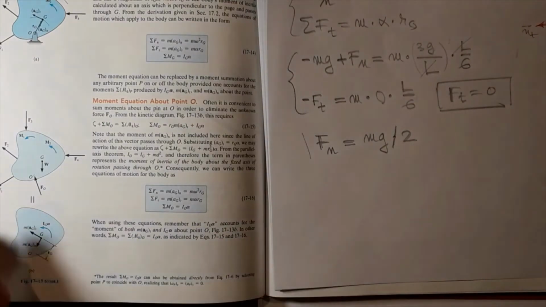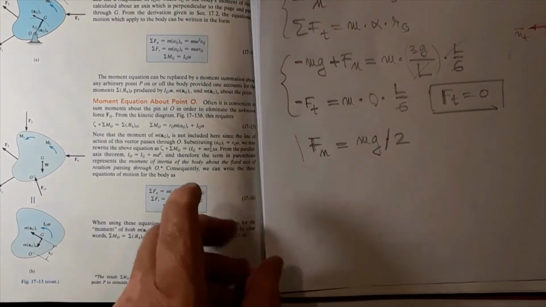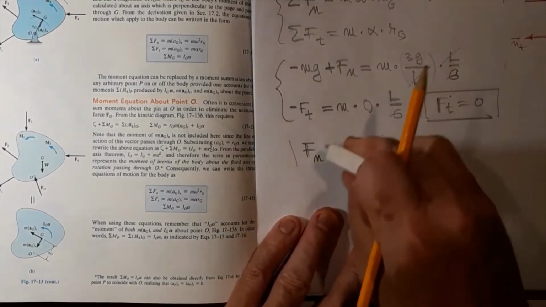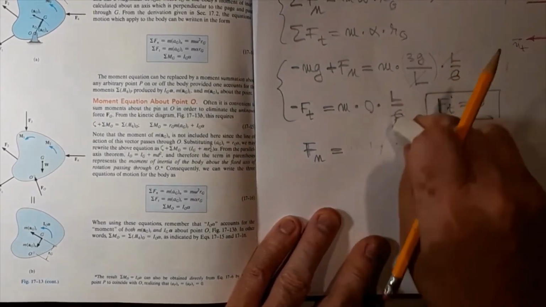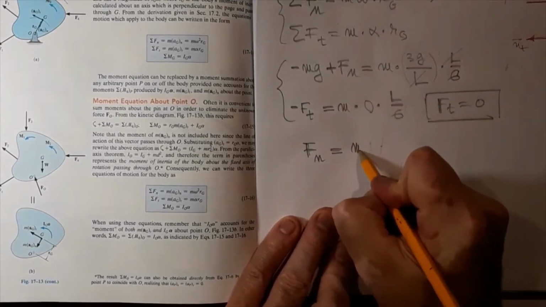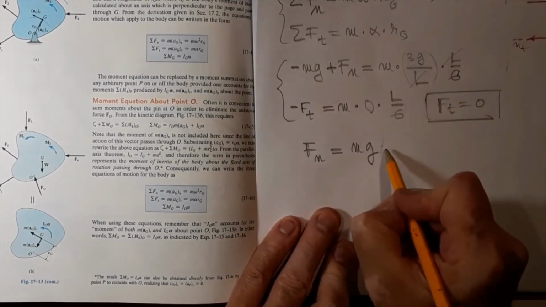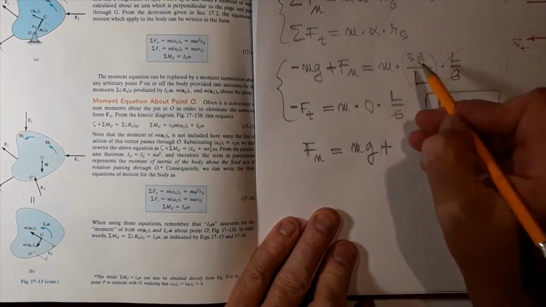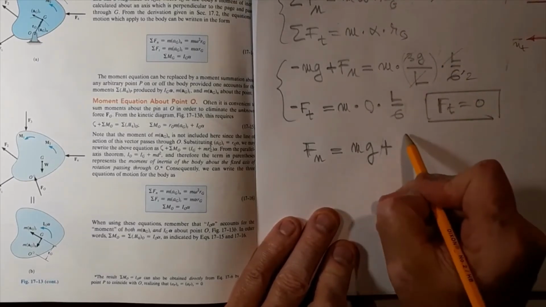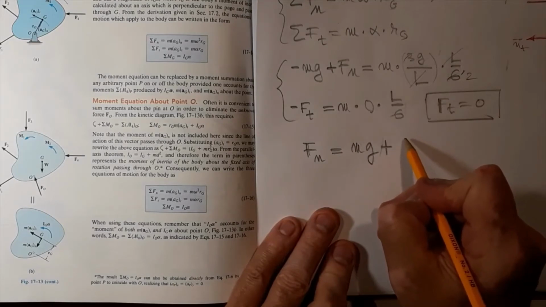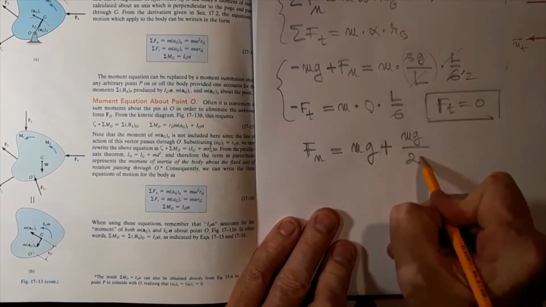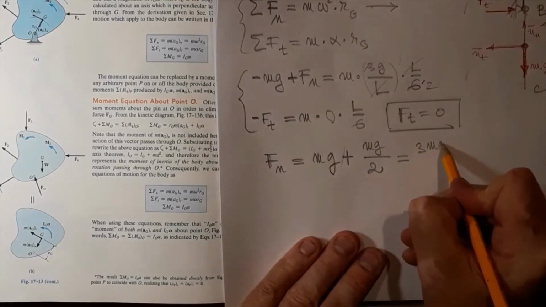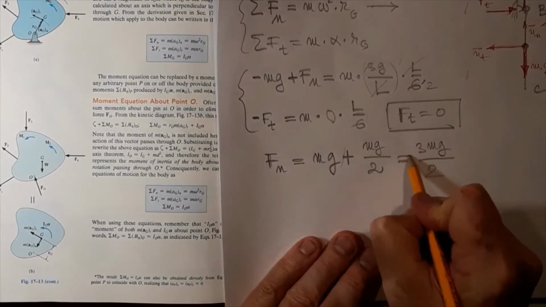Have I forgotten about something? So the normal force: I have mg, I need to move mg to the side, so it will be mg to the left, plus mg over 2. So the answer is 3mg over 2.